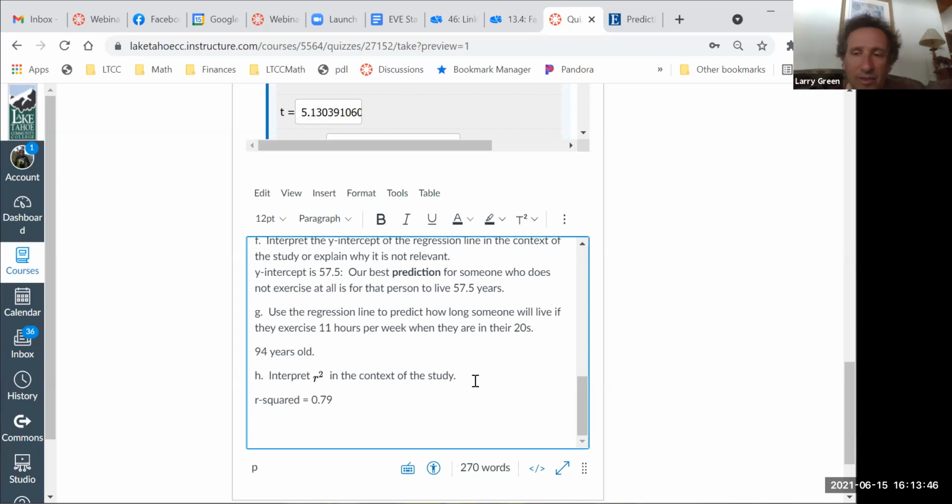Any thoughts? Okay, 79%. And what about it? Context of study, so you need to be talking about exercise and lifespan here. Maybe I should say lifespan and exercise.